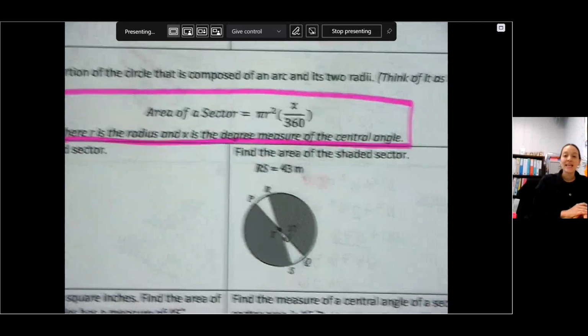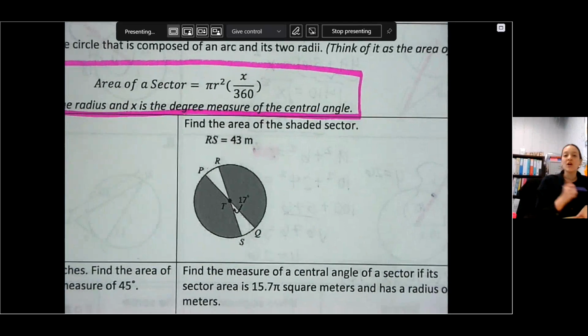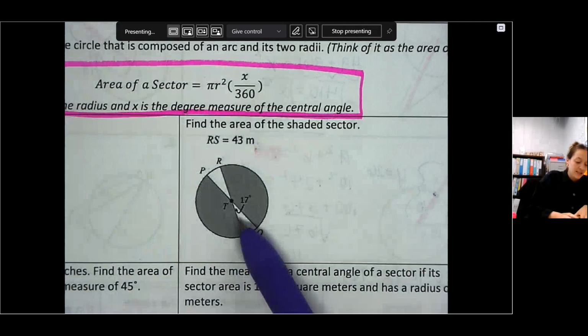So in the second problem, you're trying to find the area of the sector. You need to know the radius and you need to know the x value. What is the radius in this problem?